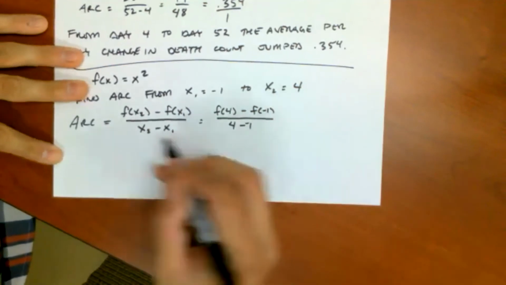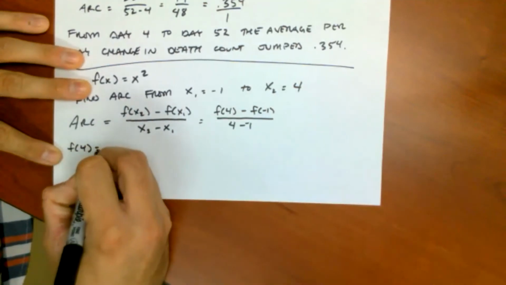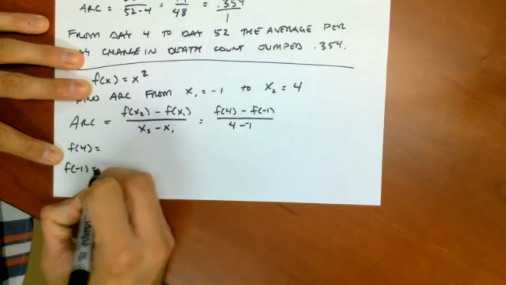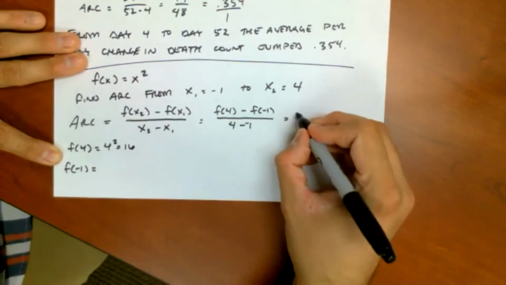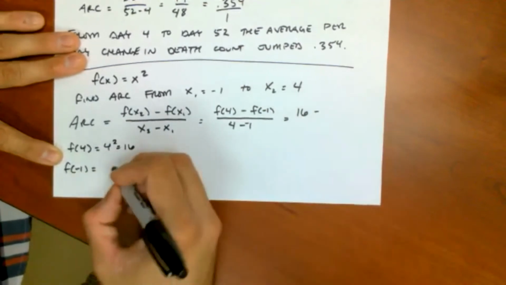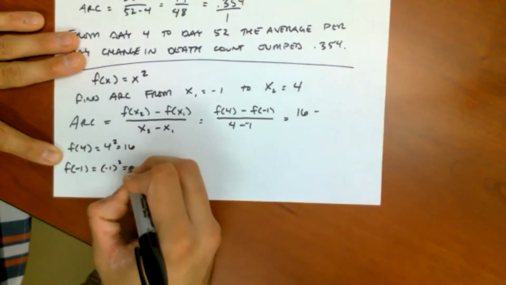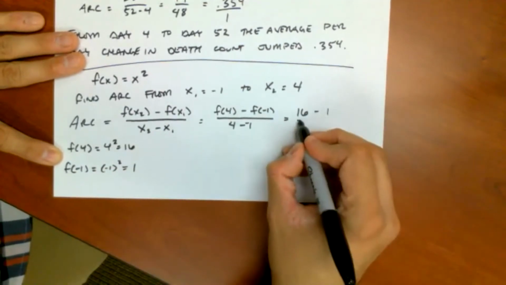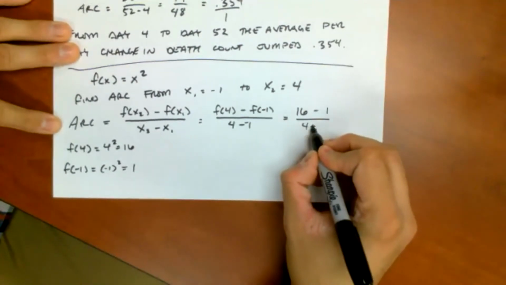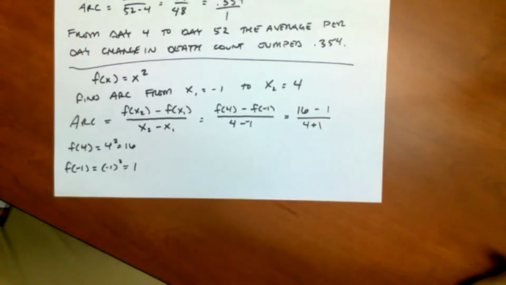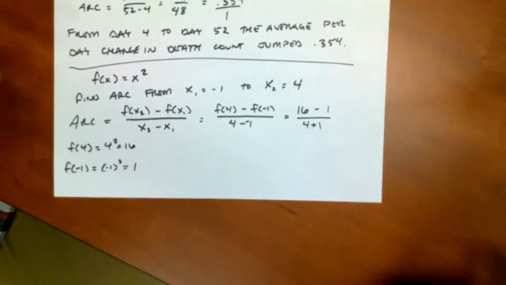So I've got to find f of 4 and f of -1. Well, f of 4, if we go up here, that's 4 squared, so that's 16. Minus f of -1, well, -1 squared is a +1, right? So 16 minus 1 in the numerator. And on the bottom, we have 4 really plus 1, because it's minus a negative.